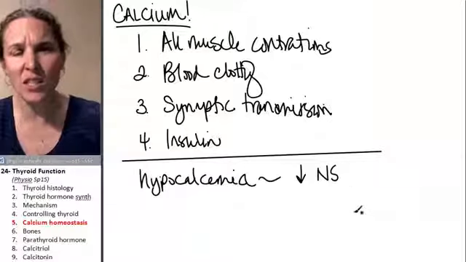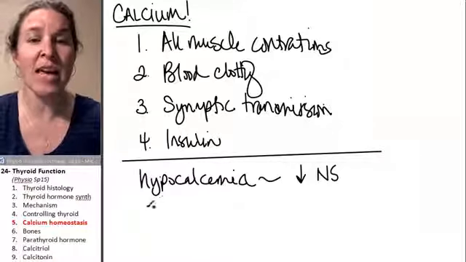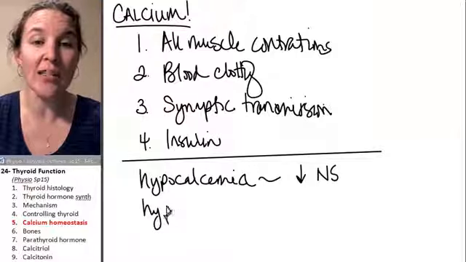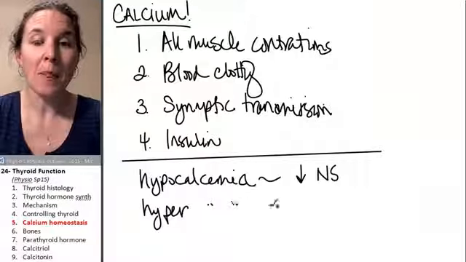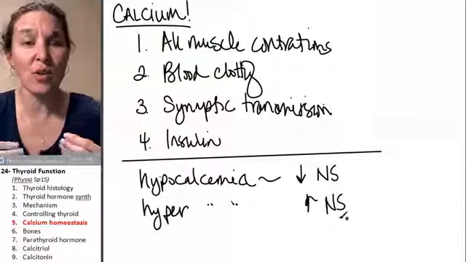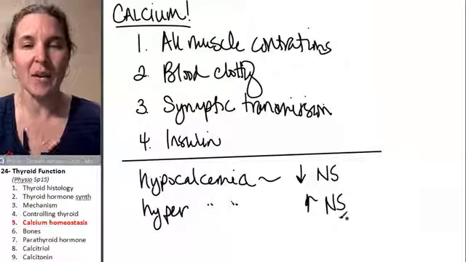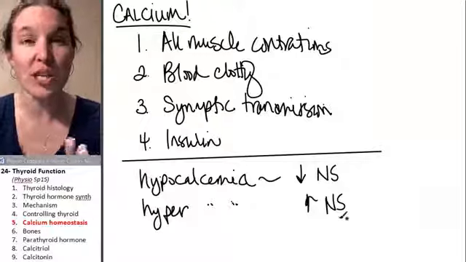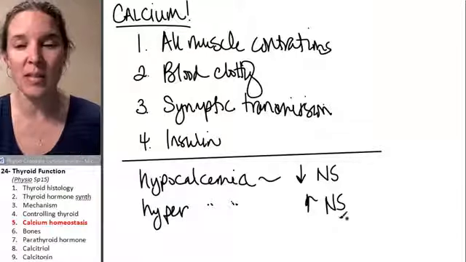So things slow down, you're not as reactive. If you have hypercalcemia, you have increased nervous system reactivity. So you get twitchy and you get wonky. And it doesn't take much to get you out of calcium homeostasis.